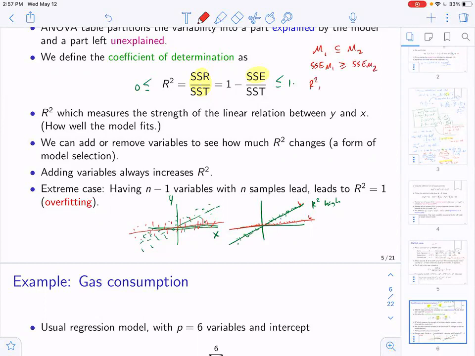And so the R squared of M1 would be less than or equal to the R squared of M2. Adding a variable would always let you go to a bigger model.